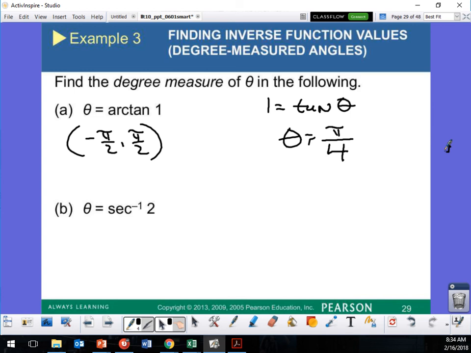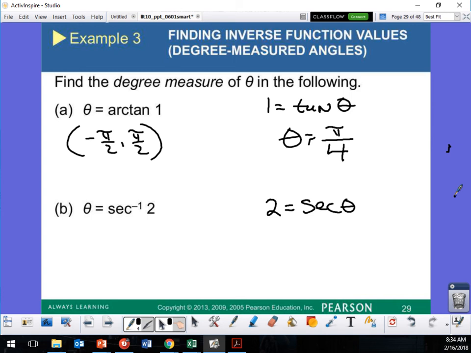Last one. I think this is the last one, because I don't think we have a different part to this. Alright, so this one right here: secant. So now, this is going to be 2 is equal to secant theta. Now, remember, secant is the reciprocal of what? Cosine.